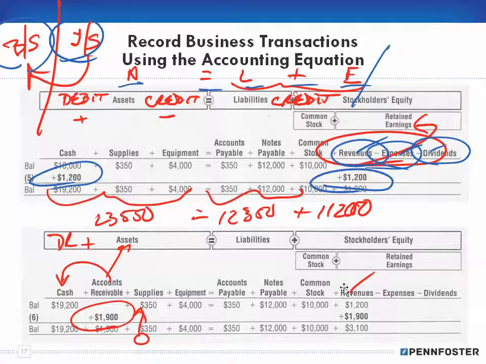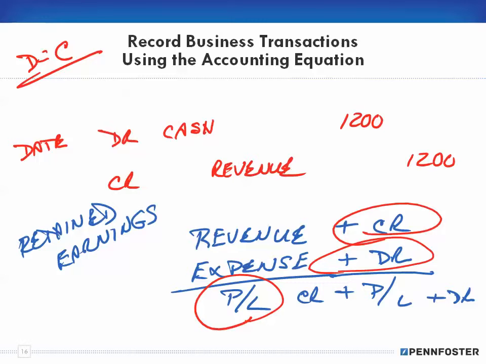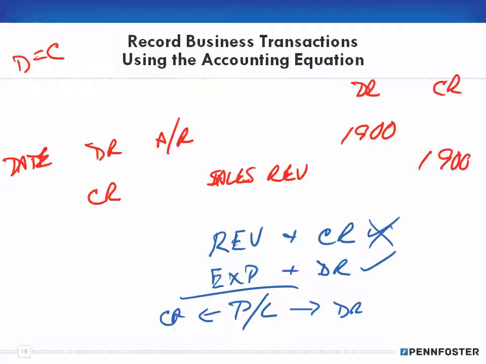And I look at the chart of accounts to see what account I would use for the revenue account. That's what I use to make the other half of the journal entry. I indent and put it in the credit column.